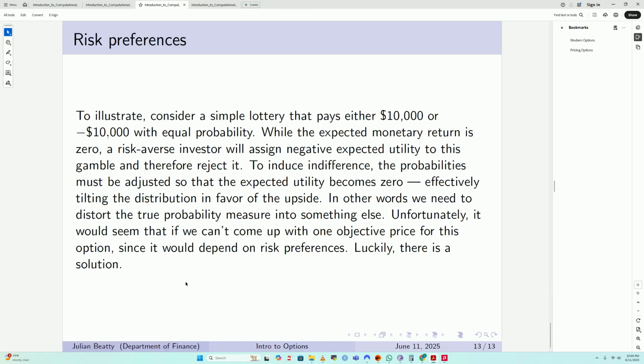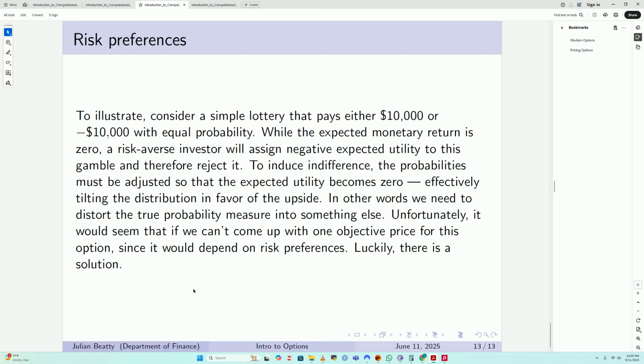So let's give a concrete example. Imagine you're entering a lottery. The lottery pays either $10,000 or you lose $10,000 with equal probability. While the expected return is zero, a risk averse investor will assign a negative utility to this and reject it.